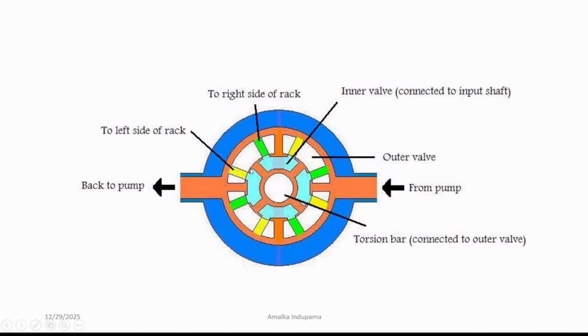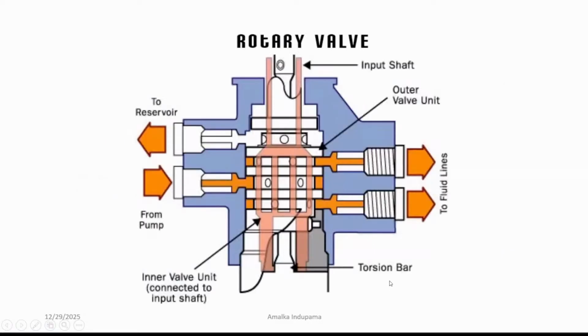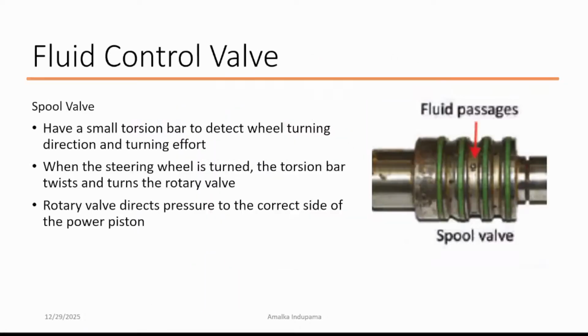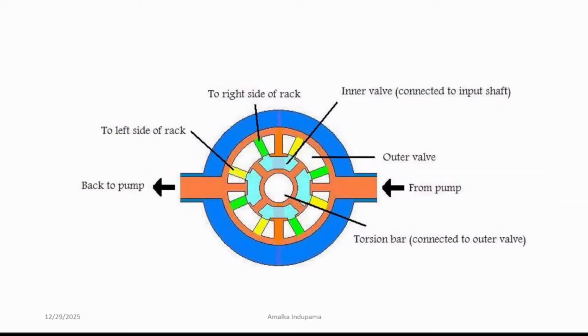That amount is controlled by this torsion bar. Basically it measures the amount of effort provided. It's also a spool valve. You can see the spools here. These spools act as fluid passages, which will provide the fluid pressure as per the requirement, right?